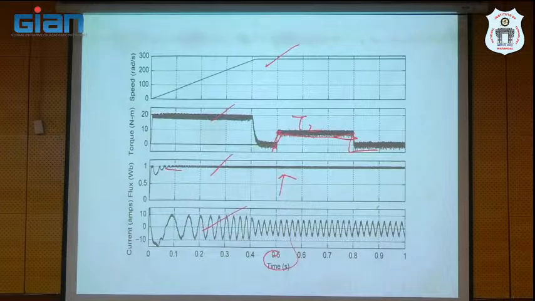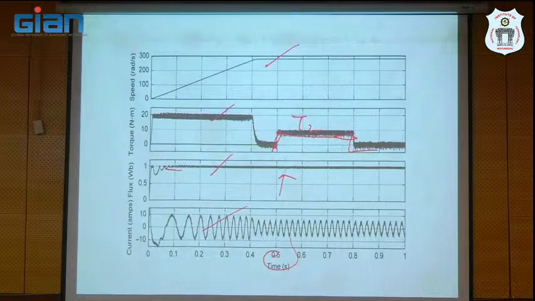If your DTC controller is working fine, how can we justify it? If there is any change in the speed or any change in the load, the flux should not be affected. Torque and flux must be independent of each other. So here flux is completely independent of the torque.